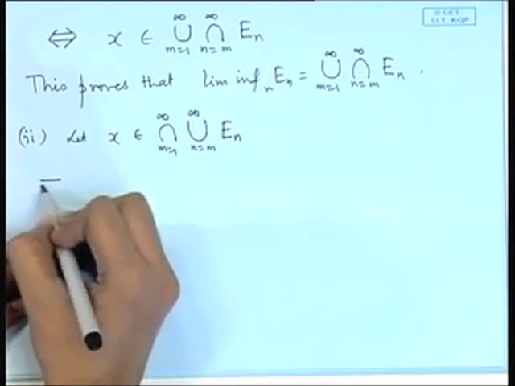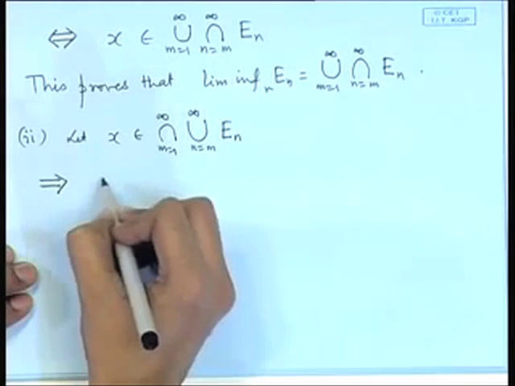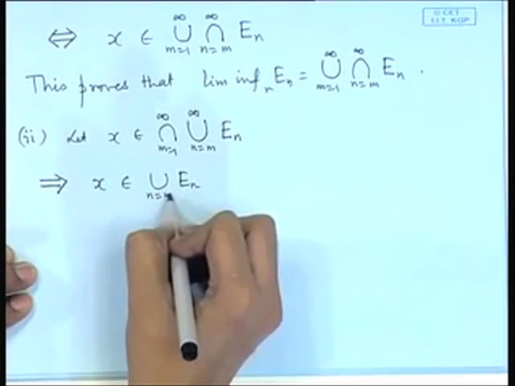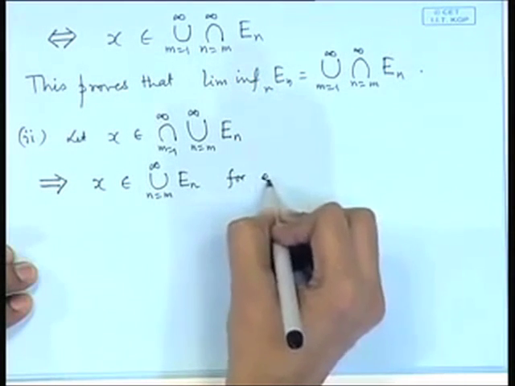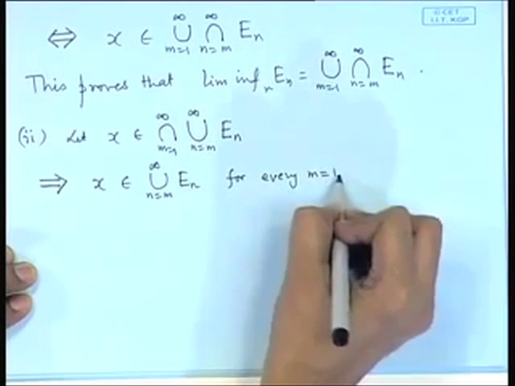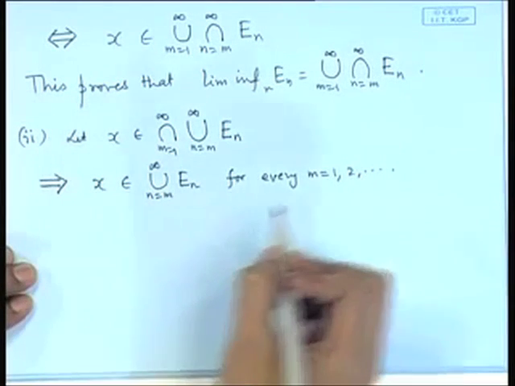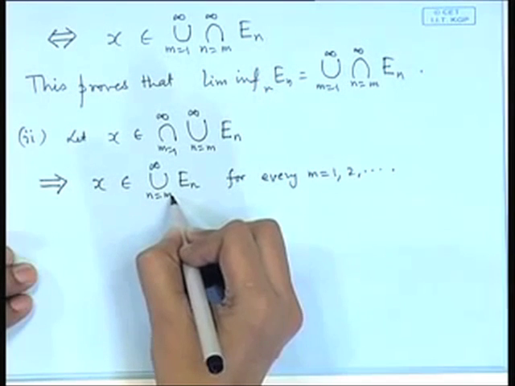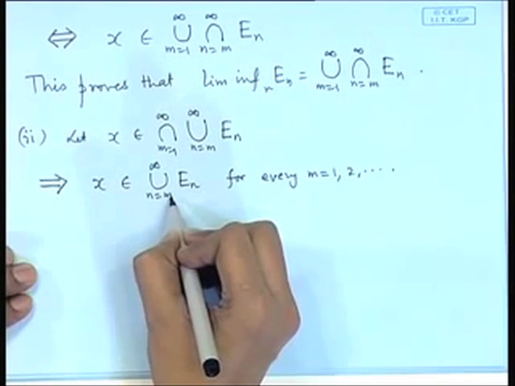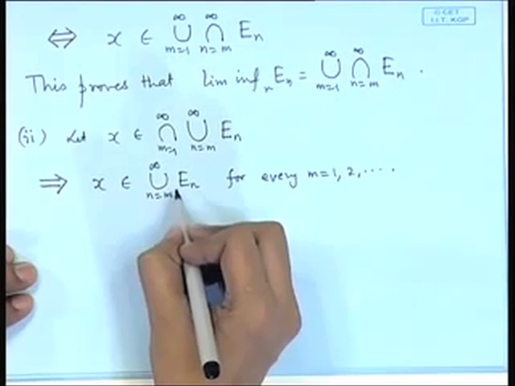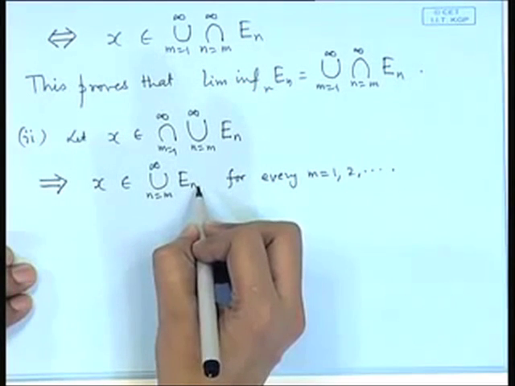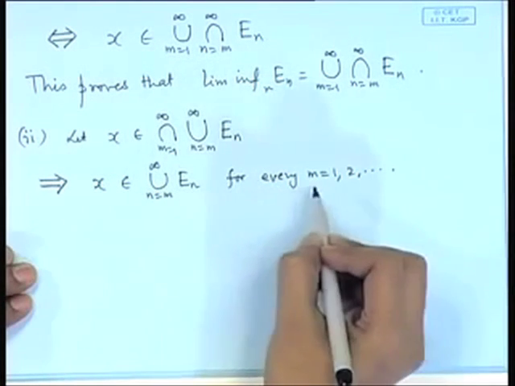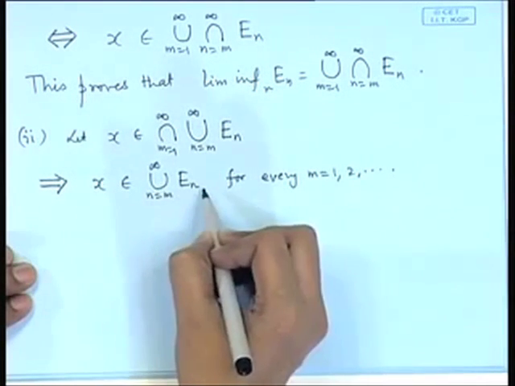Now this implies that x belongs to union En, n is equal to m to infinity for every m is equal to 1, 2, etc. Now if x belongs to the union starting from every m, howsoever large m may be, this definitely implies that x belongs to En for infinitely many values of n, because if it was belonging for finitely many values only, then after a certain stage x will not belong to the union of En's.